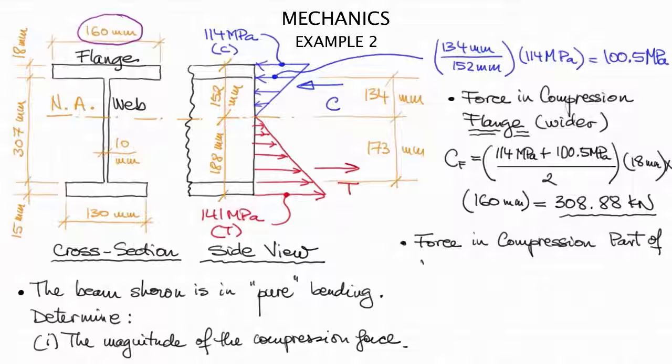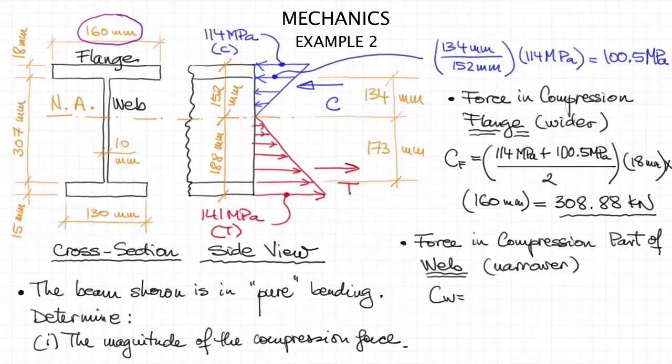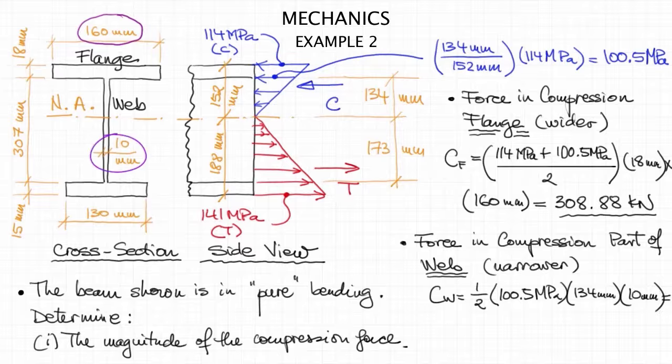Now, if we go down a little bit, we can determine the force in compression for the part of the web that is in compression, which is narrower. So that would be the volume of the triangular stress block. So in this case it is the area of the triangle that we can see multiplied by the width of the stress block, which is actually the width of the web, or 10 millimeters.